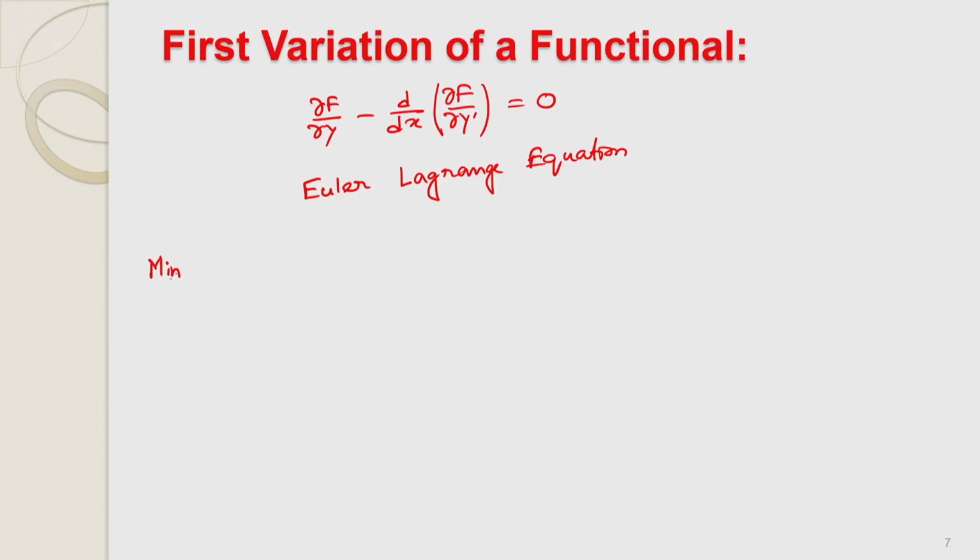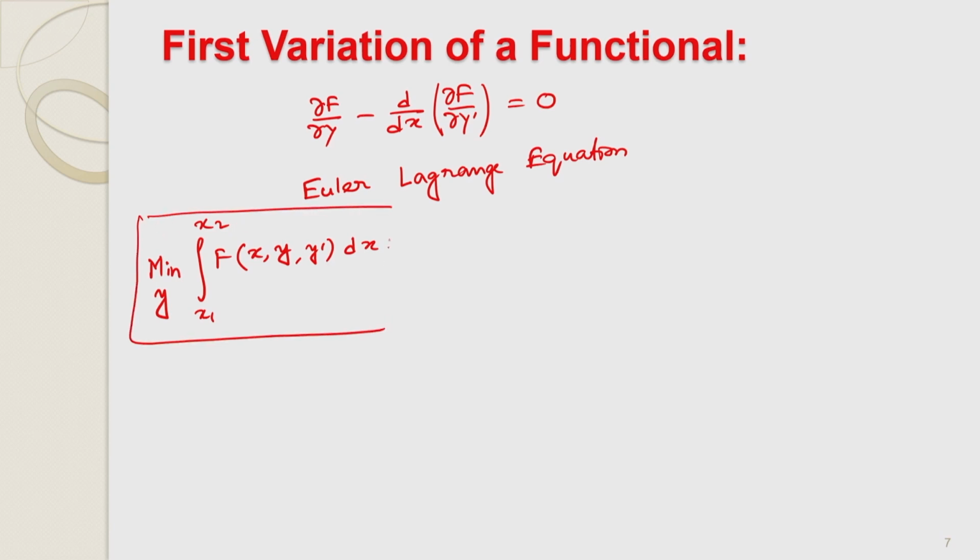Thus, we have started with this minimization problem, and we finish with this differential equation, which is the Euler-Lagrange equation.